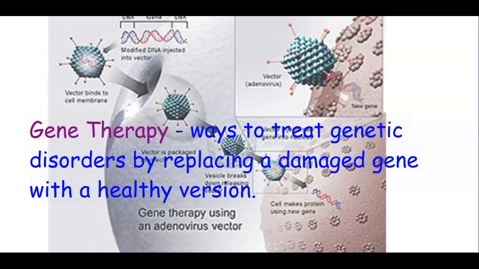The problem is, how do you get that gene into all the trillions of cells of someone who's already a full-grown person? Well, that is tricky. But there is one thing in nature that does infect cells and injects DNA, and that's a virus. So a virus will inject its DNA into your cell, and your cell will start making viruses or doing whatever that DNA says to do.